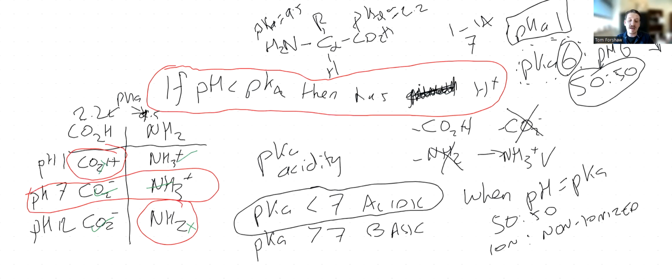And sorry to go back, with the base, it's the other way around. As you go up in pH, there are fewer protons. So if you had something that was, say, pKa 9, or let's go for 8, that's only weakly basic.